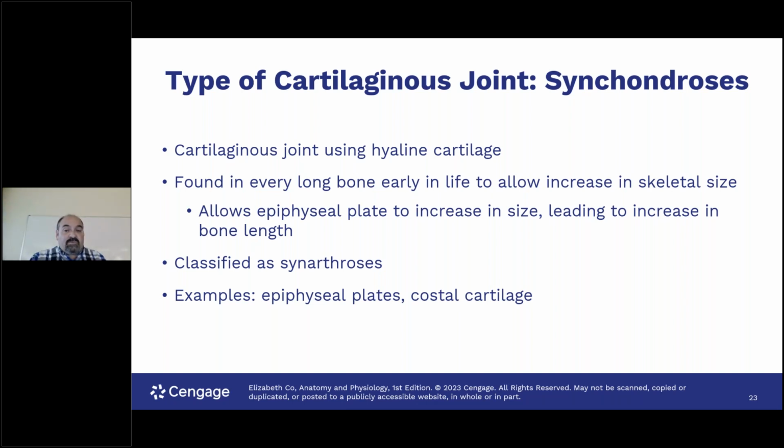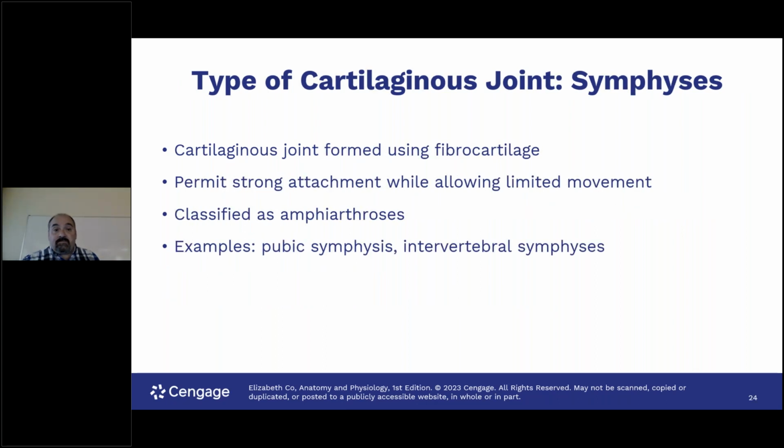So you're thinking epiphyseal plates, costal cartilage. Actually, not between the ribs, but really adjacent to, alongside of the sternum, manubrium, body, xiphoid process, right? Symphysis joints. So think the pubic symphysis, the intervertebral symphyses, right? Little movement, not a whole lot of movement, limited movement.